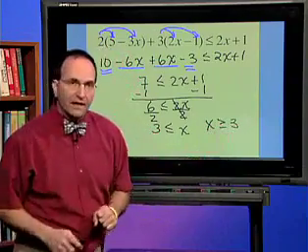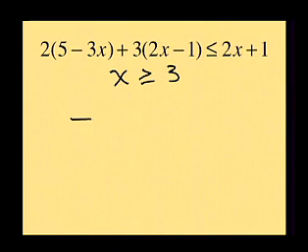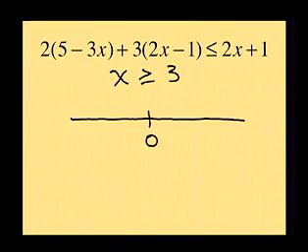Now, the graph of this is a number line, which I want to draw here, so I need to create space. So remember, our answer is x is greater than or equal to 3. And as I said, we want to draw a number line, give our reference point of the origin 0, then label our point 3.